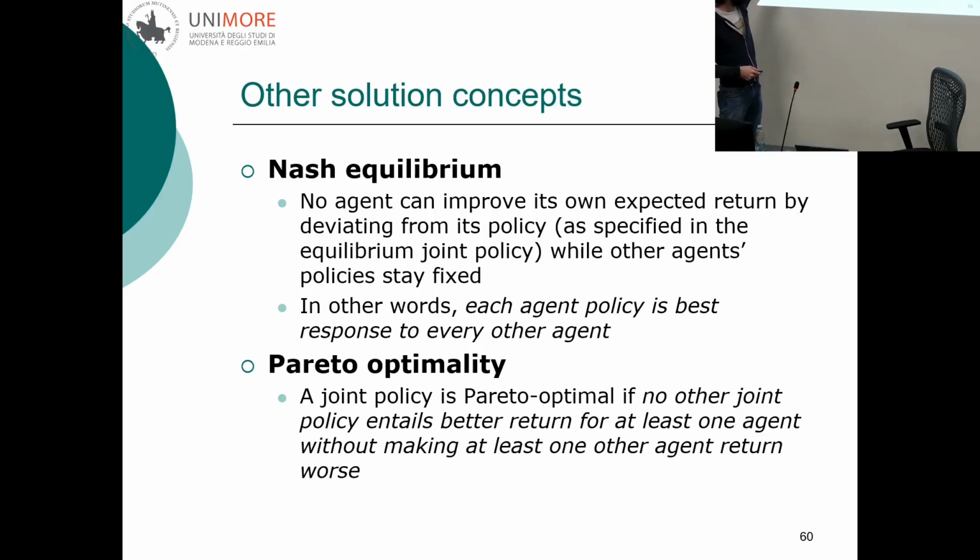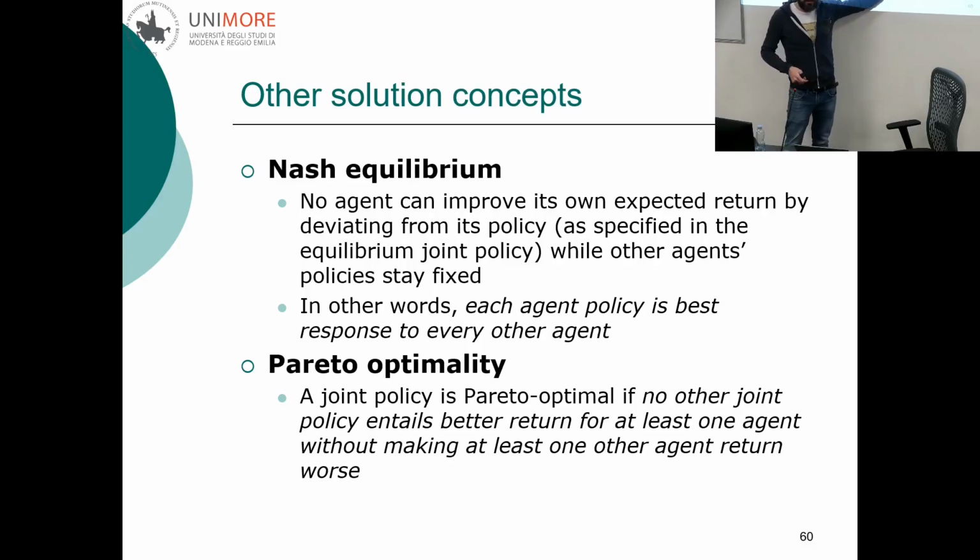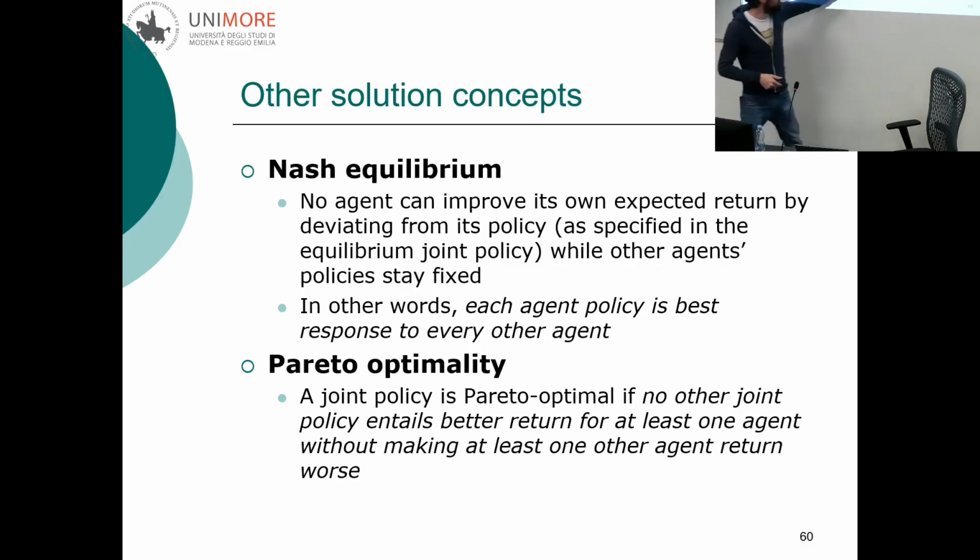They are two similar, but in a sense complementary definitions. The Nash equilibrium talks about the policies of individual agents. The Pareto optimality tells about the expected return of the agents. Okay? There is no mention of deviating the policy. You can deviate the policy here, obviously.